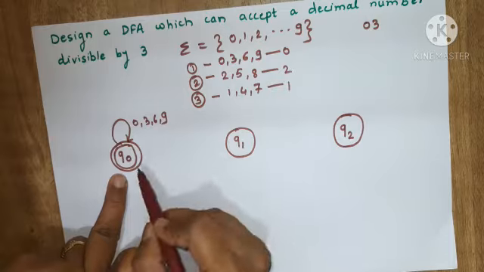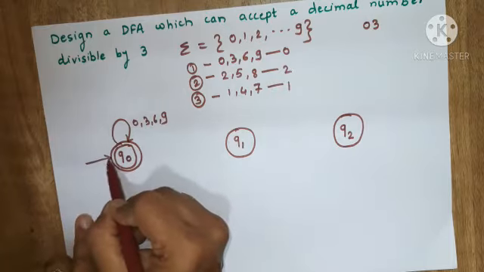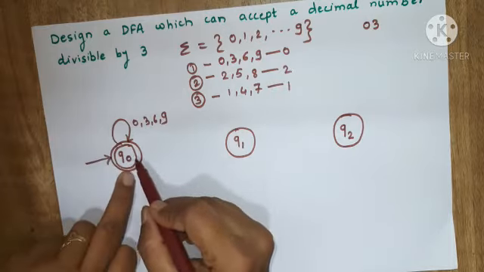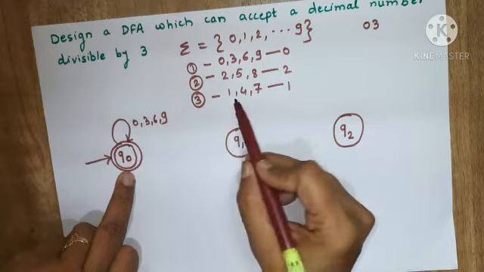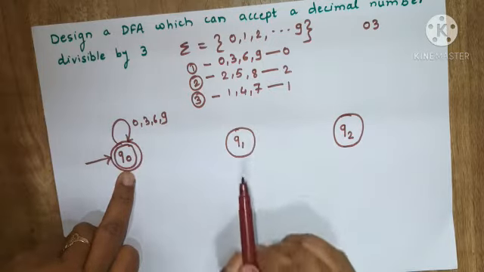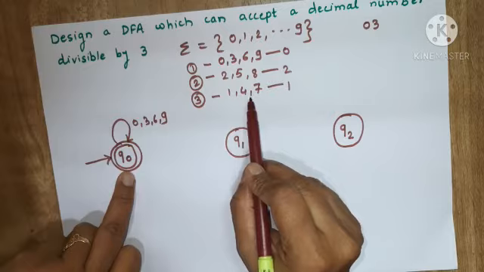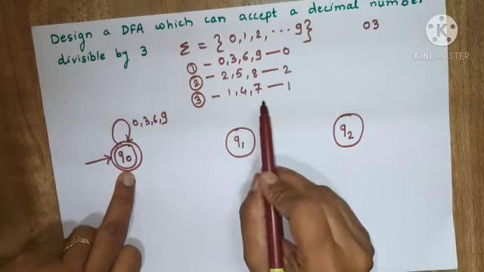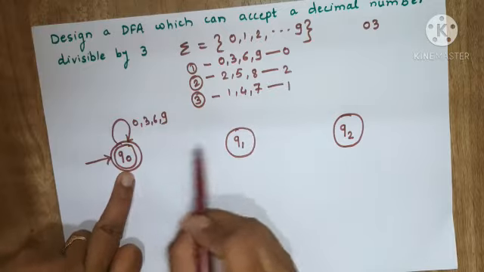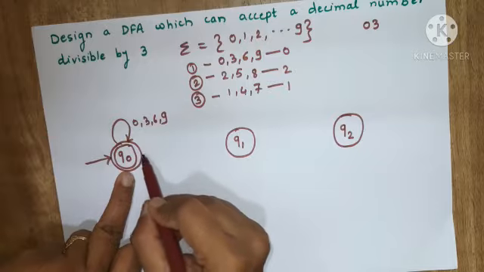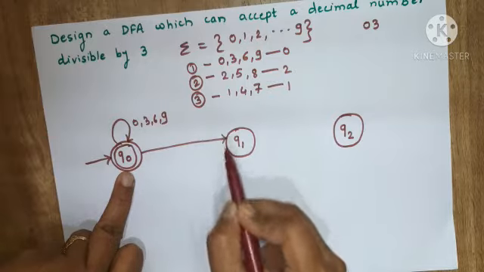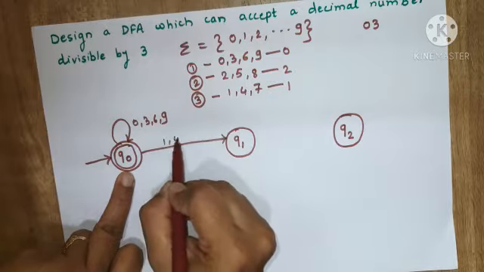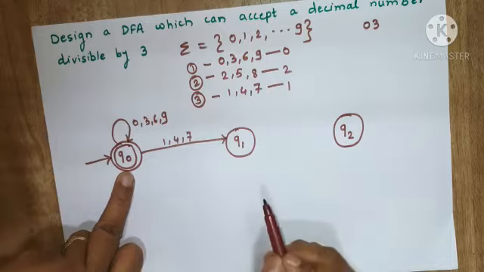Now, this is the initial state. In this state, if I get the next input alphabet as either 1, 4 or 7, and I divide that number by 3, I will get remainder 1, and that's why I have to show a transition to the state which has remainder 1, that is Q1, for 1, 4 and 7.